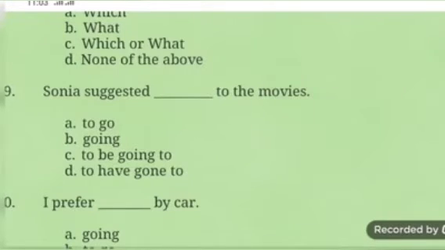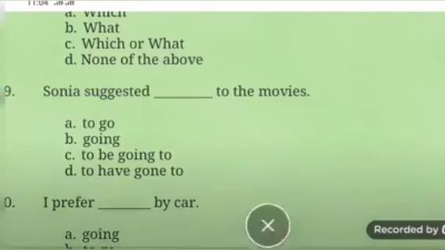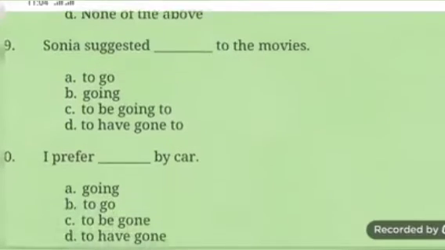Now, suggested is one of the verbs that must be followed with the ing form. So just try to research those verbs that are followed with the ing form, those followed by the infinitive, and also those verbs which can be followed by both the infinitive and the ing form. Anyway, there you go. So here, Sonia suggested going to the movies.